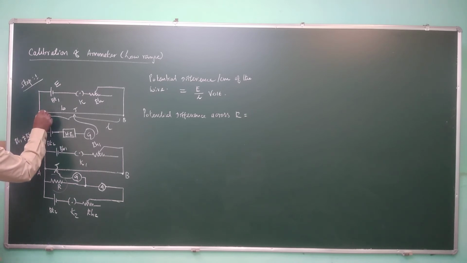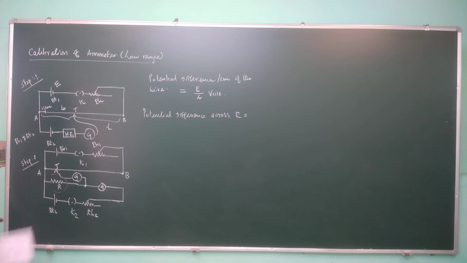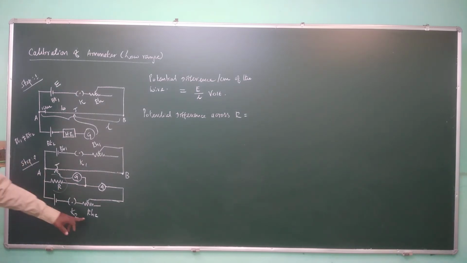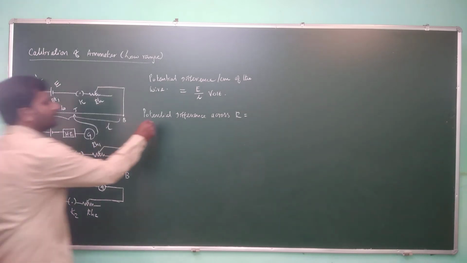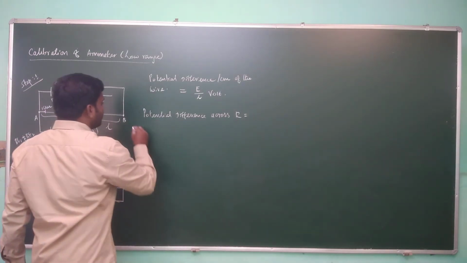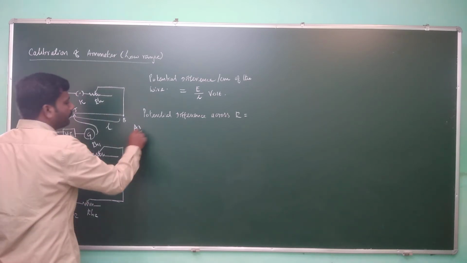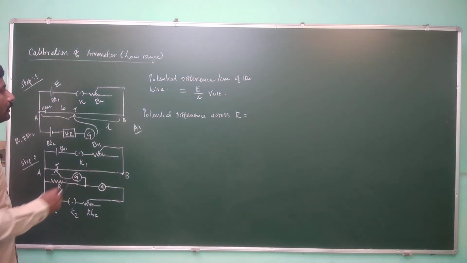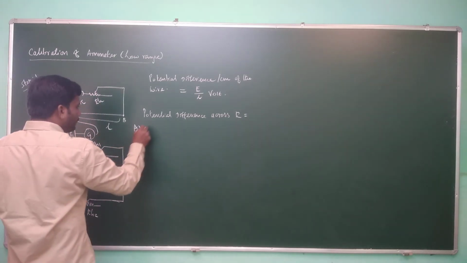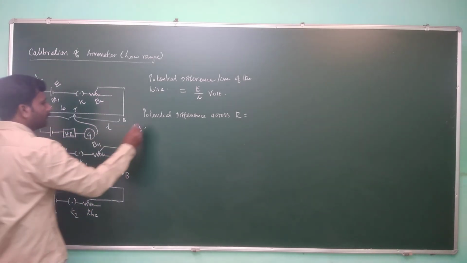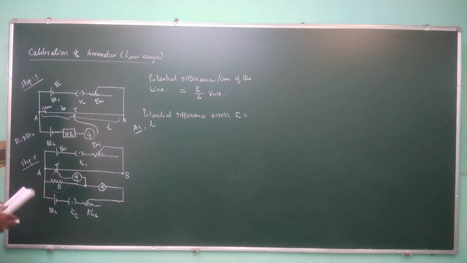So for 1 centimeter we have calculated the potential difference as E by L. Now for a given R, for a given current A1, we need to calculate the potential difference across R. For this particular current A1, the balancing length will be L1, assume that. Here the new length will be, right?